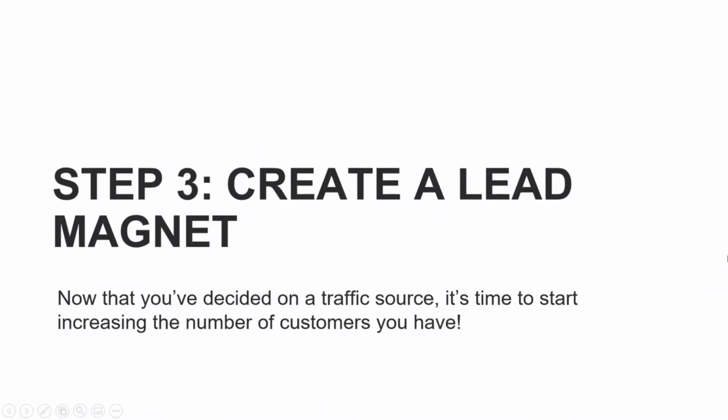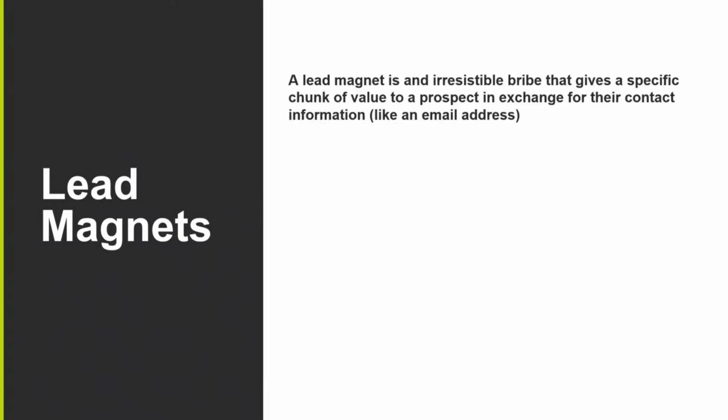So step 3 is to create a lead magnet. Once you decide on your traffic source, you need to have some kind of bribe or value in advance content that will get people to opt into your funnel. And this is part of what you'll put into your ad as well.